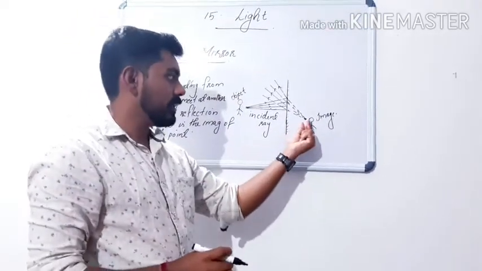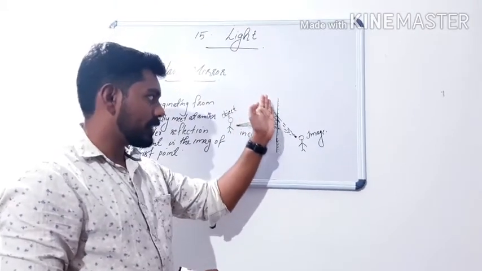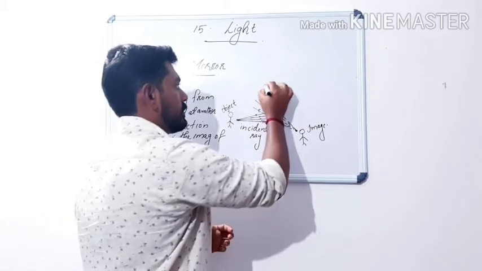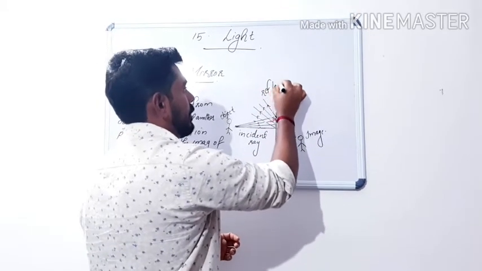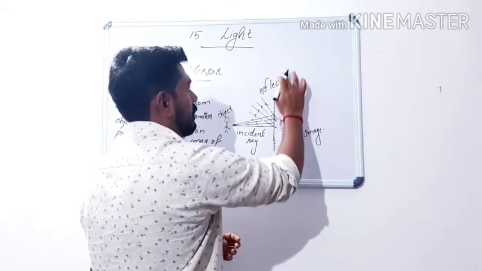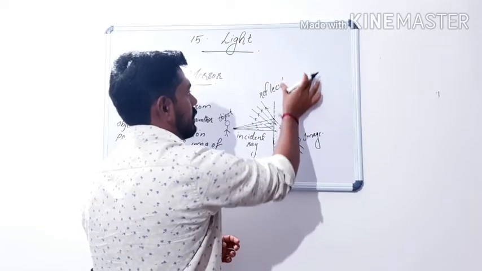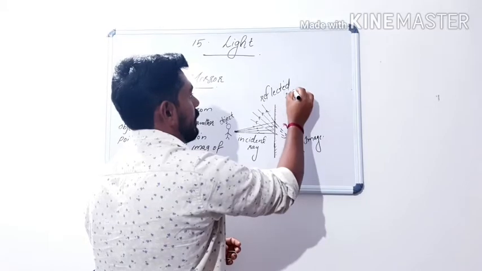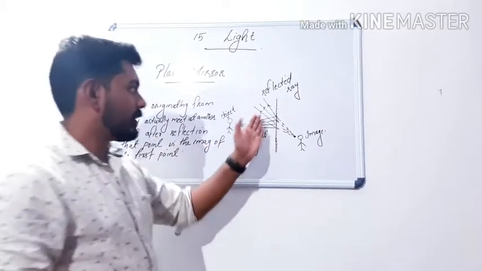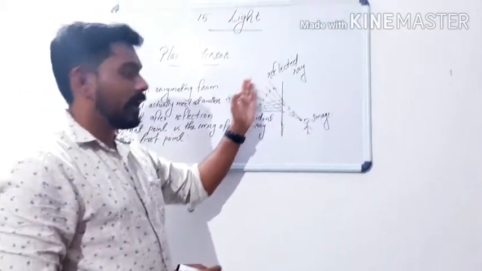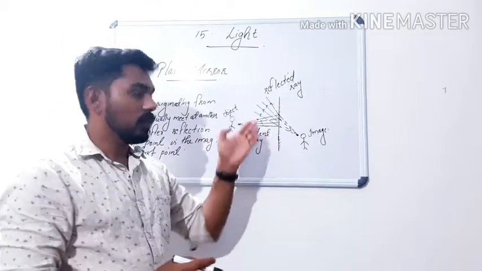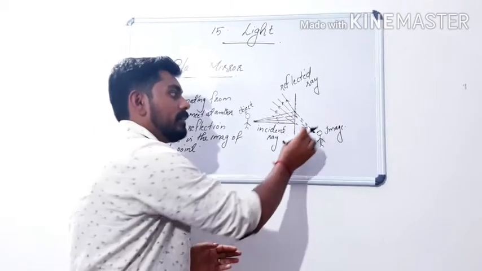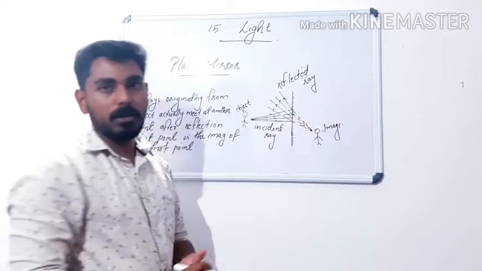When you extend these lines, they appear to be meeting at a point. So when you extend this reflected ray, this is a reflected ray, which never actually meets and is diverging, and you extend it on the other side, it appears to meet at a point.